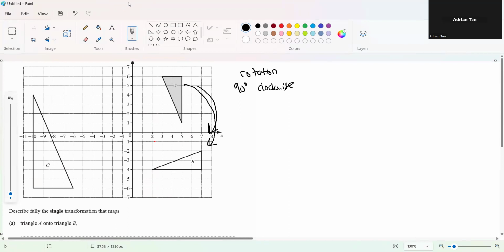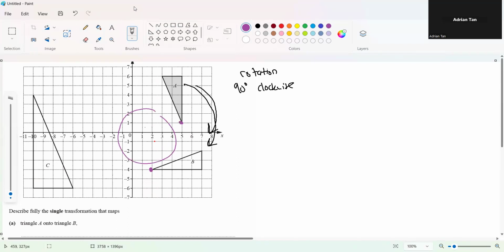So to identify the center, because I know it rotated like this, when I draw my center it should make an angle like this. The 90 degrees should be something like this. So the 90 degrees is somewhere around here in this place. So we can try to eyeball it, but first we need to identify some points. So let's just take 2 points as perspective. This is the tip and this is the tip.